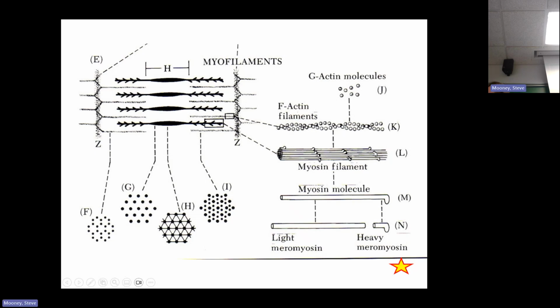They come together and then arrange themselves so those heads work their way around the thick filaments. So they're going to climb up inside of these actin tubes that are formed around each of the thick filaments.